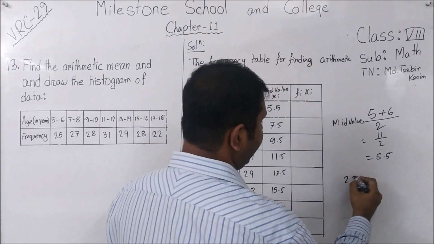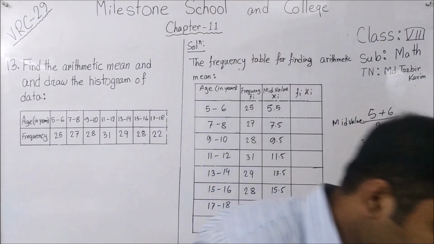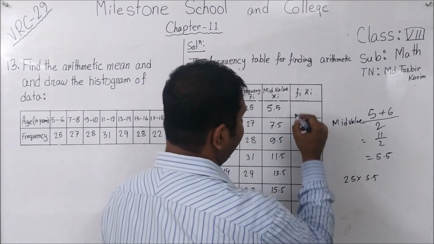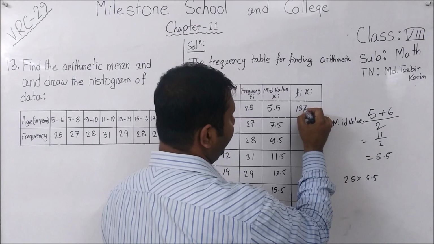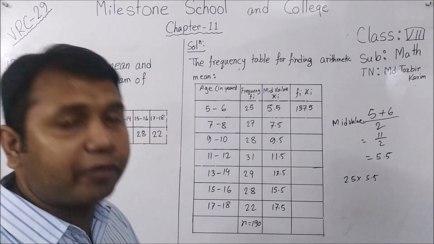So 25 multiplied by 5.5. If you use a calculator, we are going to get 137.5.